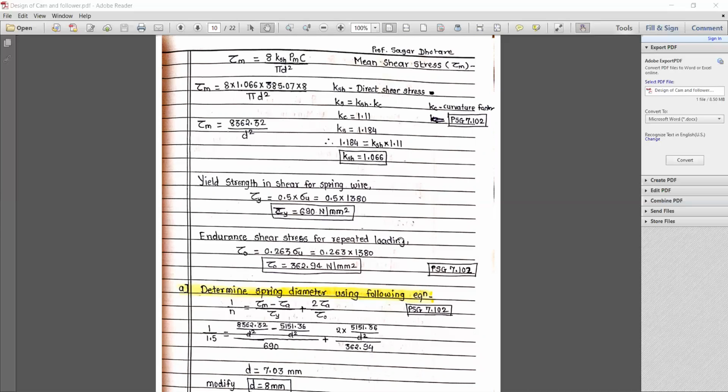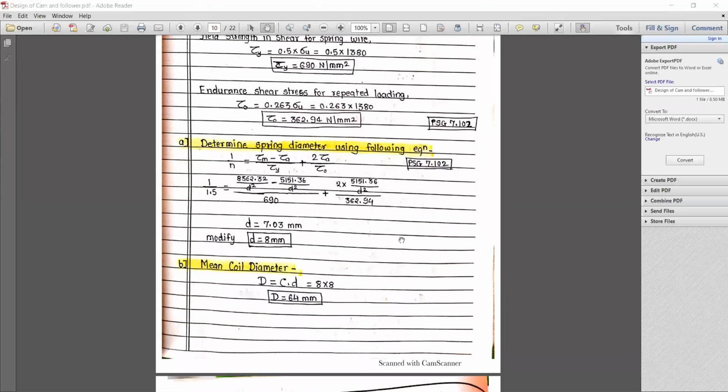Similarly, you can calculate the endurance strength by referring to page number 7.102. Tau 0, that is the shear stress for endurance or repeated load, is 0.263 sigma u, that is 362.94 Newton per mm square.